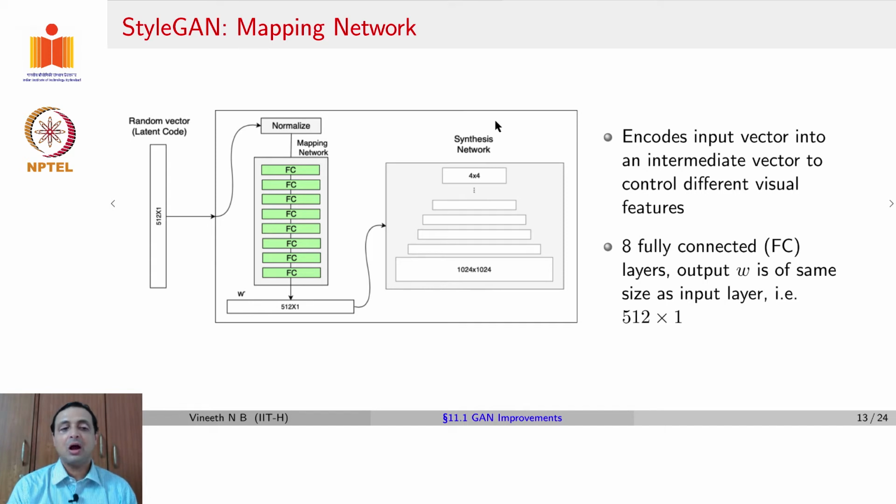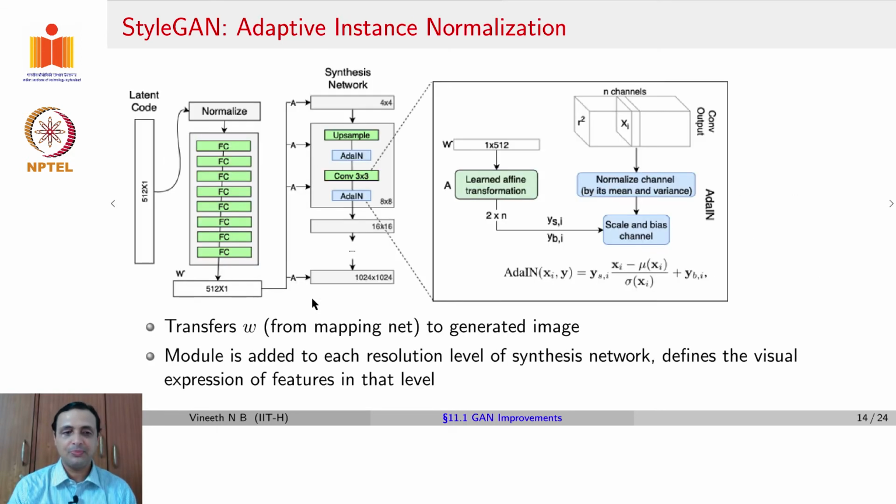Now let's see how this vector W affects different resolutions in the generation. This is achieved by introducing a matrix A which learns an affine transformation at different resolutions.